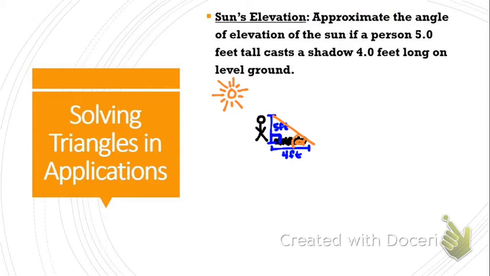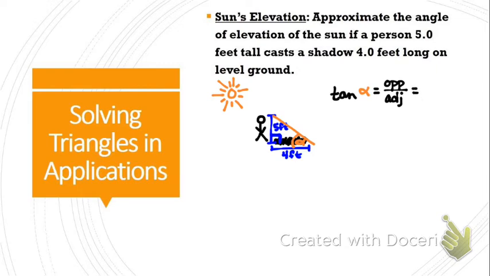What trig function is going to help me find alpha? Tangent. Why tangent? Yes. Tangent of alpha is going to be equal to my opposite side over my adjacent side.